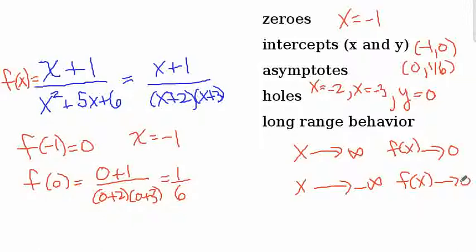Okay, now a hole. A hole would also be x values that are not in the domain. However, these are not in the domain, not because you're dividing by 0, but because some joker forgot to reduce the fraction. For example, looking at the original expression, suppose that I had x plus 5 on top and x plus 5 on bottom.